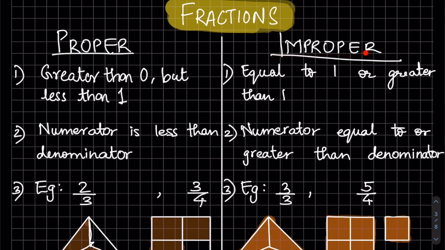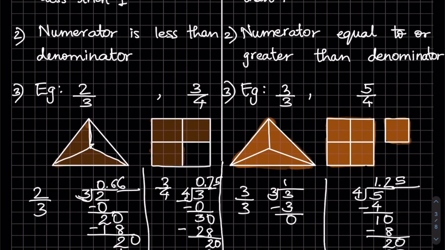Improper fractions are those whose values are equal to 1 or greater than 1. In the case of improper fractions, the numerator is equal to the denominator or greater than the denominator. For example, 3 over 3. Here you can see the numerator 3 is equal to the denominator 3.